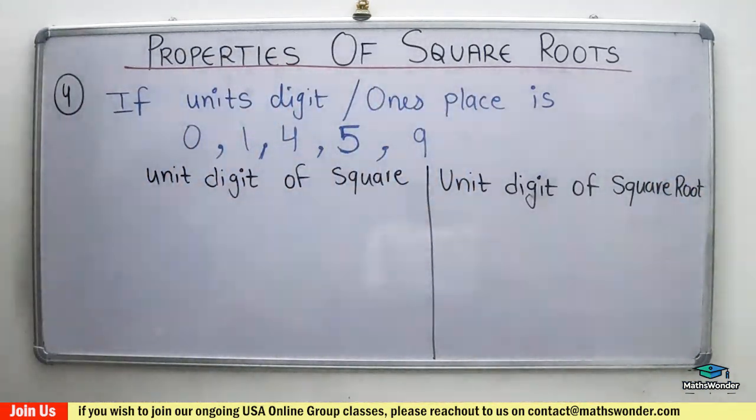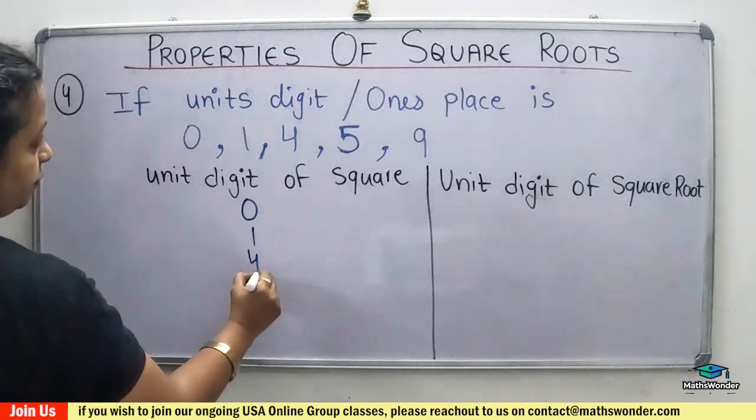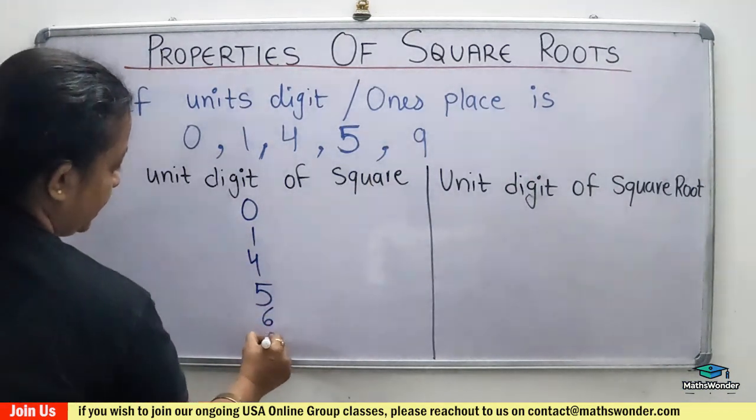So the unit digit of a square is suppose 0, 1, 4, 5, 6 and 9.